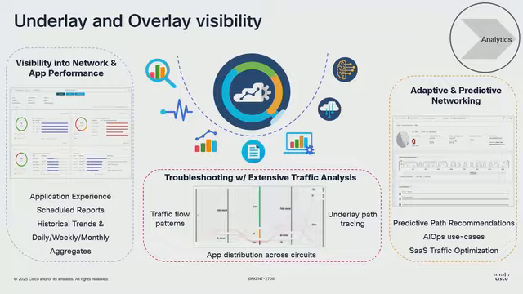So the proactive path recommendations might automatically make some forwarding changes based upon these recurring traffic patterns. That's just one example. We can also optimize SaaS traffic using this, and we have an AI Ops function in Catalyst SD-WAN Manager that looks after this as well, and we'll make these recommendations. So pretty slick.